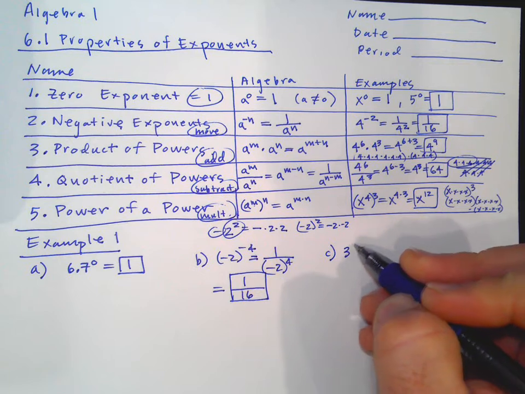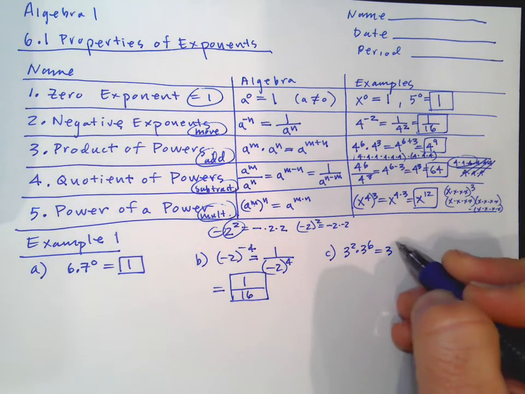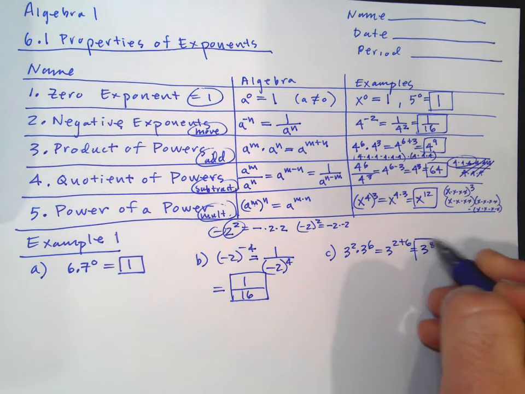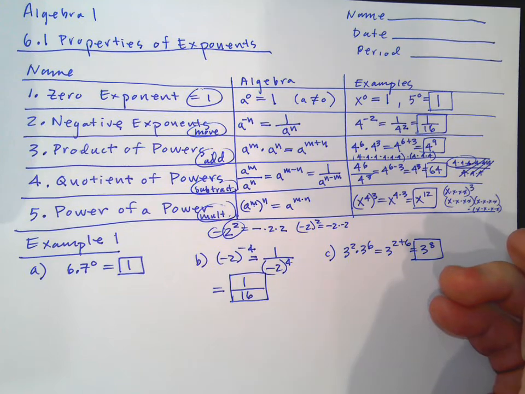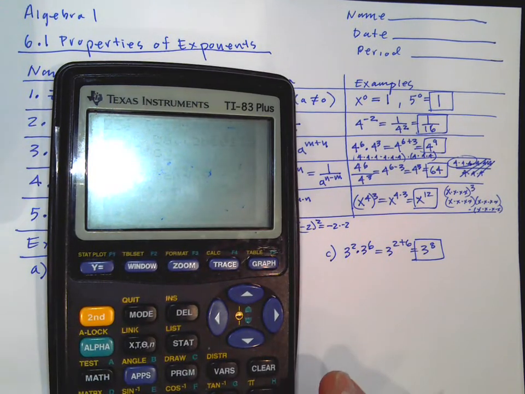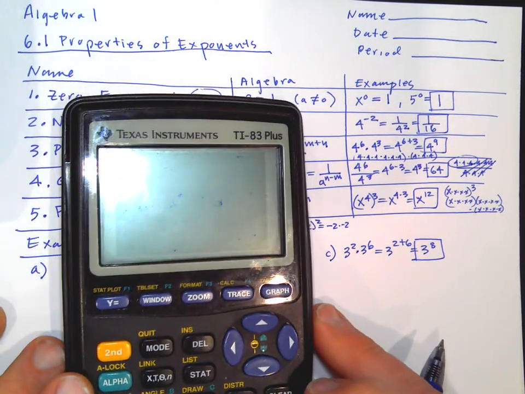C, 3 squared times 3 to the 6th. You would add these, so that's going to be 3 to the 8th. That's a pretty big number. So I mean, you could use your calculator today to simplify things. Now, I have this fancy calculator, so yours probably doesn't look like mine, but it functions similar.